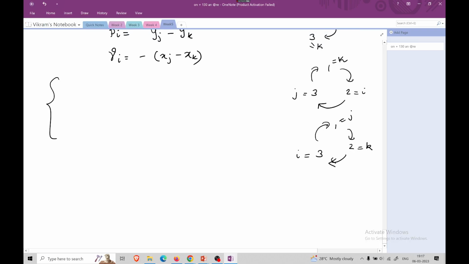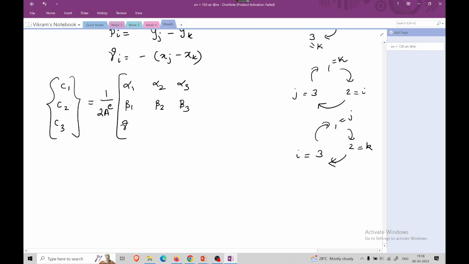So C1, C2, C3 is equal to 1 by 2AE times the matrix alpha 1, alpha 2, alpha 3, beta 1, beta 2, beta 3, gamma 1, gamma 2, gamma 3 into U1, U2, U3.